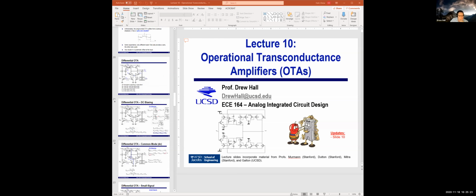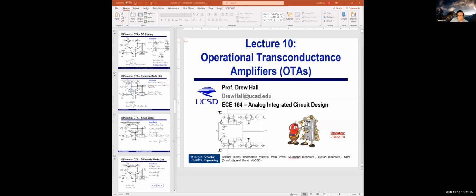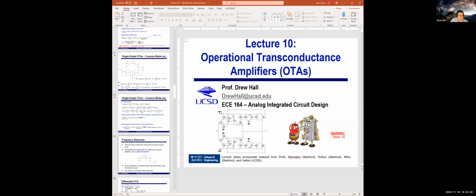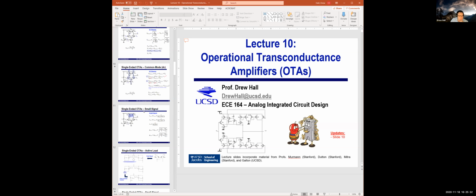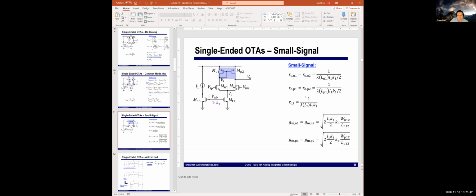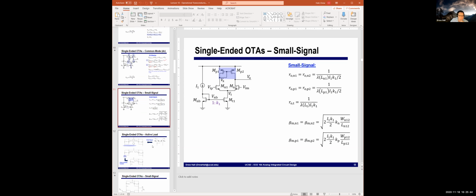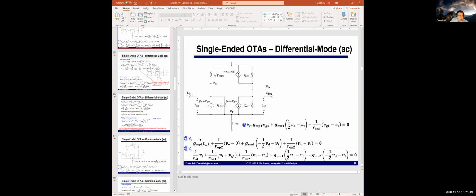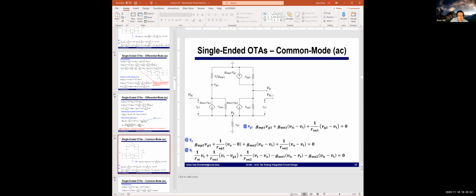So in lecture 10, we do kind of this entire analysis of a single-ended OTA. The techniques of how to go through this analysis for like the DC biasing, for the small signal, calculating the differential mode gain, and the common mode gain. You should use this to leverage off of it.